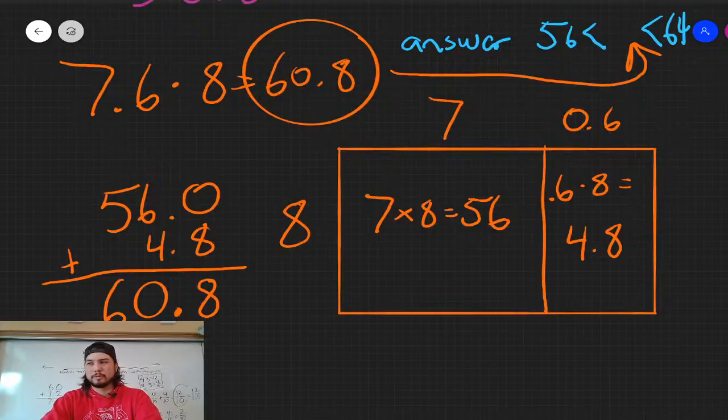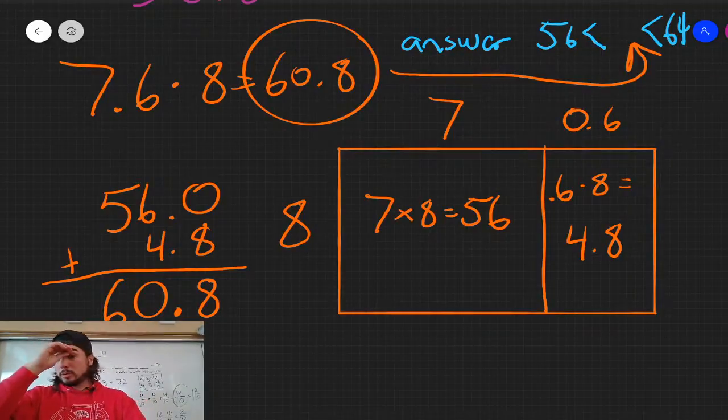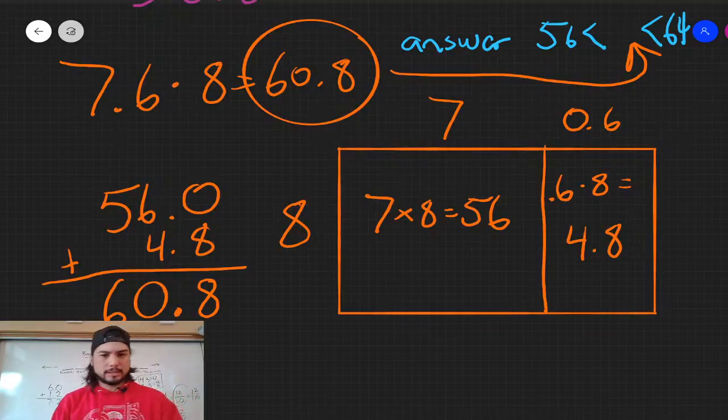If I had 10 groups of 40, if I had 40 tents at a campground and there were 10 people in each tent, would there be a total of 40 people at the campground? No, right? It's not a reasonable answer. Okay? So remember that as you're working on the exit ticket, keep it reasonable.